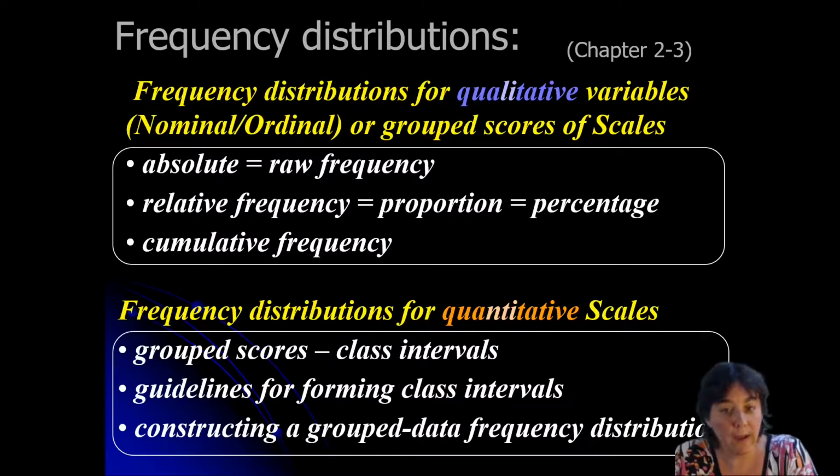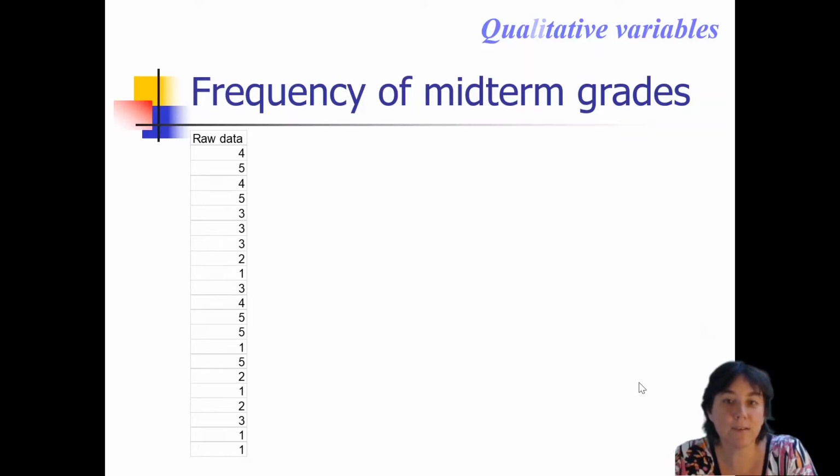I will show you guidelines for forming these class intervals, and we will construct this group data frequency distribution in a moment. But first, let's just simply take data from midterm grades.